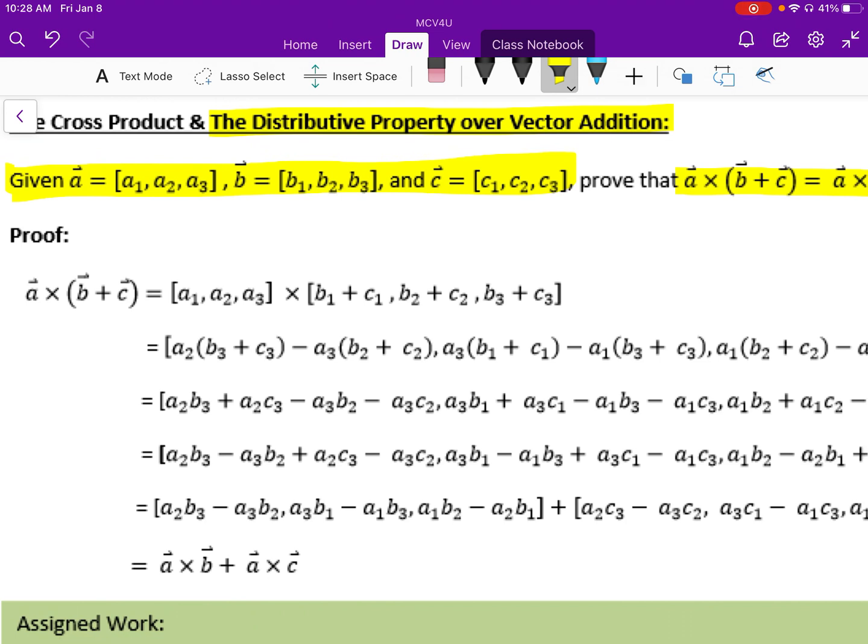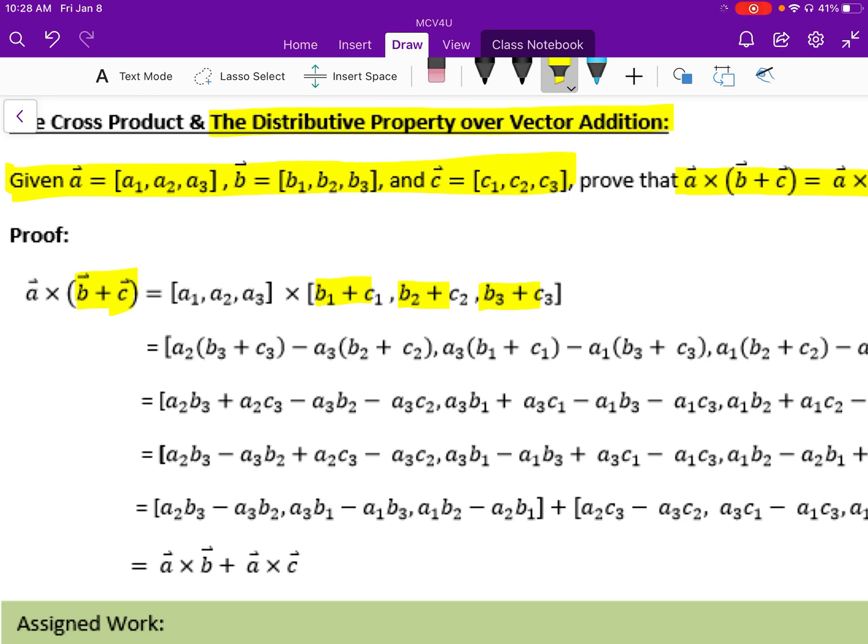All right, so in the first step, all we did was we wrote out what it meant to be b plus c. Okay, we're adding two vectors together, so we are adding the corresponding components. Okay, that's all it is there. In the next line, we had to carry out the cross product itself.